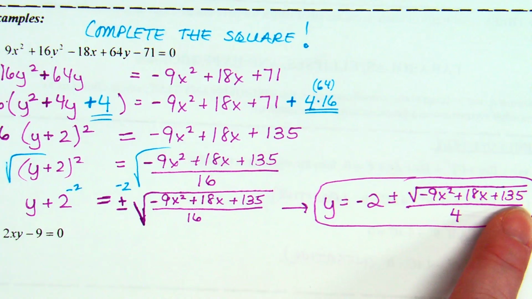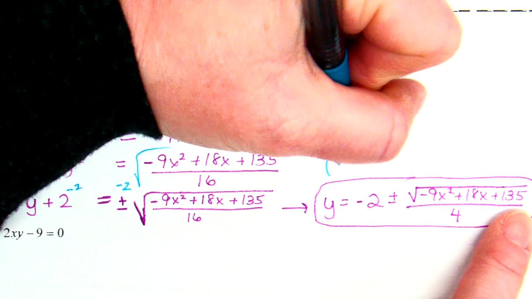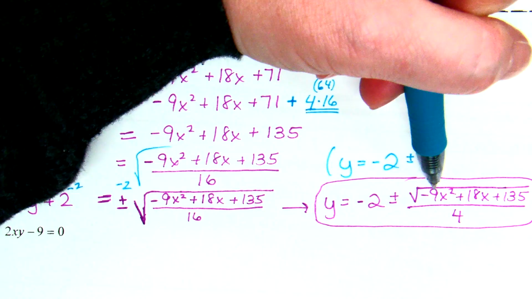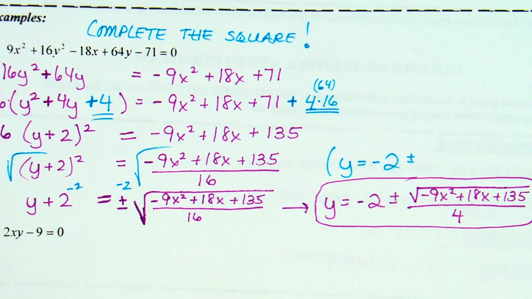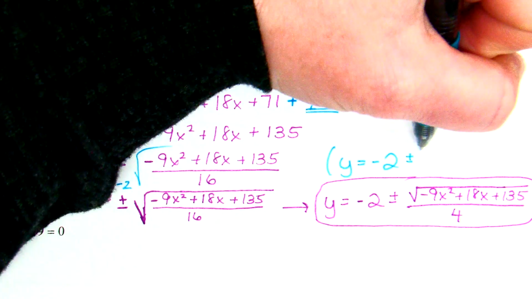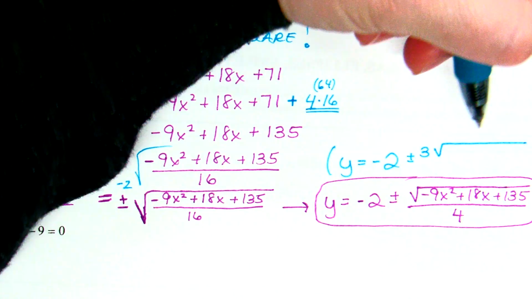So that's another option. It's kind of our OR option. In that, and I'll write it here, still negative 2 plus or minus. And think about what happens. If you factor a 9 out here, when you take your 9 outside the radical, what does it become? 3. And so you could write a 3 in front of the radical. Then you write the radical, which means we factored out a 9.